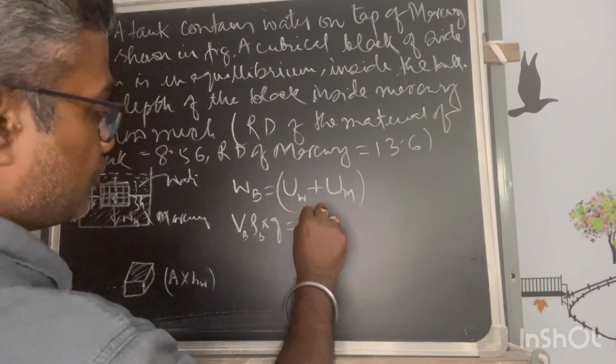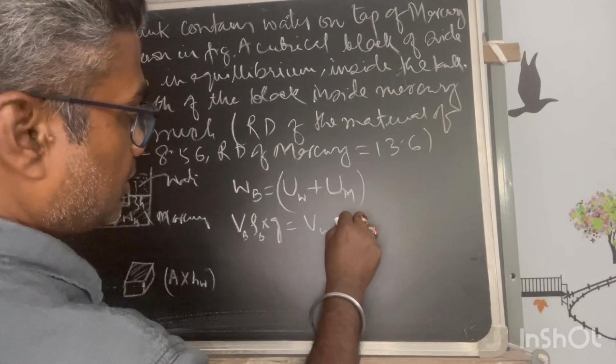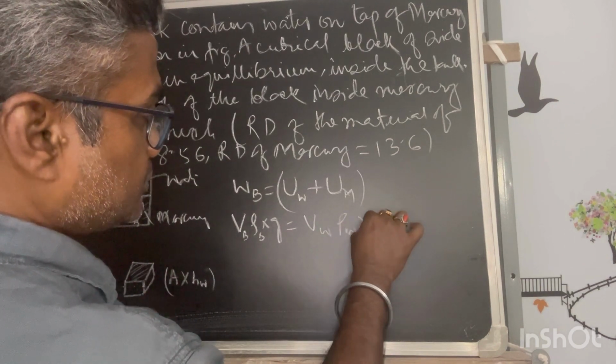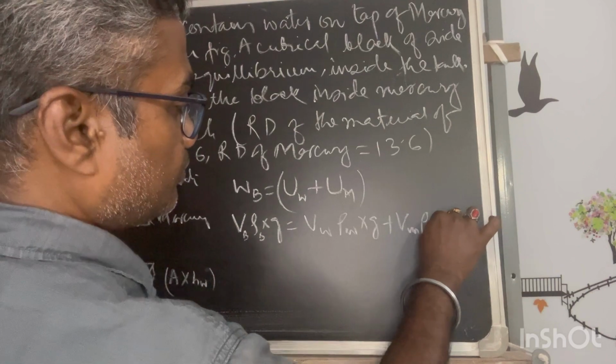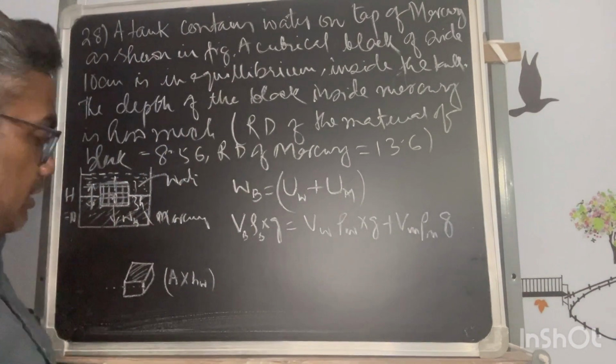So I will write the volume of water times density of water into g, plus volume of mercury times density of mercury into g. This will be the simple equation.